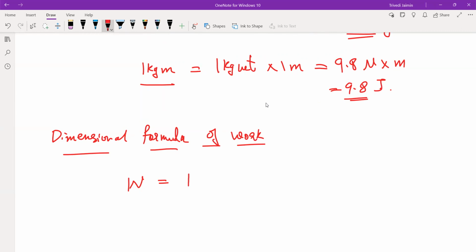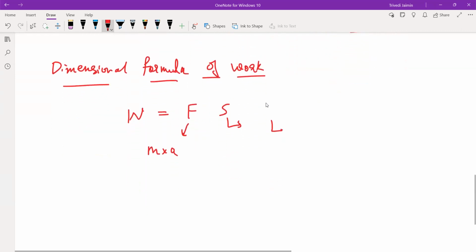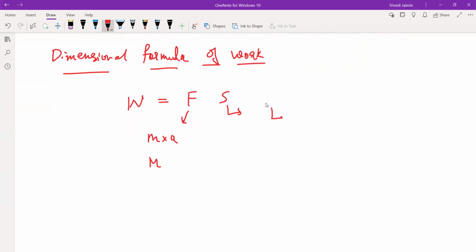T cannot be 0. Work is force into displacement. Displacement is L. Even if you don't know force, we know mass into acceleration. Mass is capital M, acceleration is meter per second square. So let's combine all this: ML squared T power minus 2.